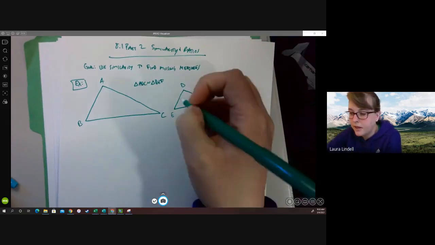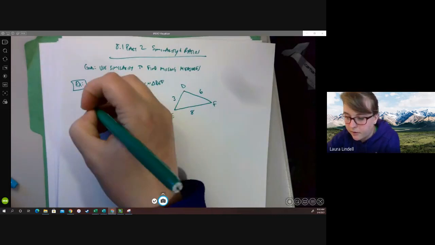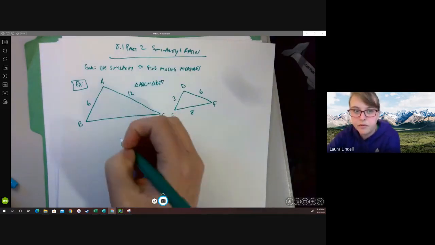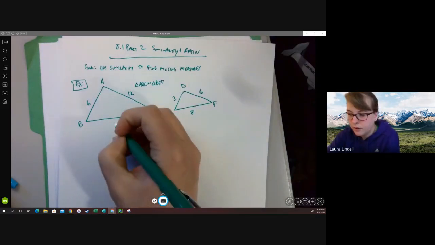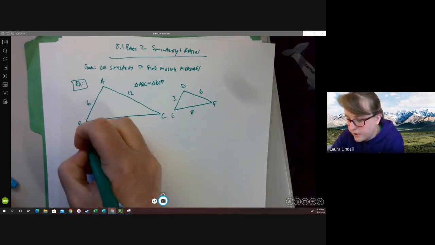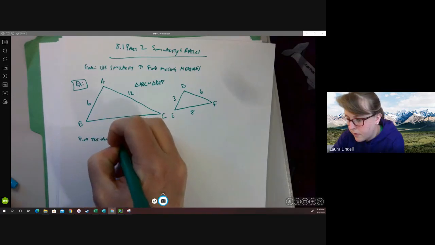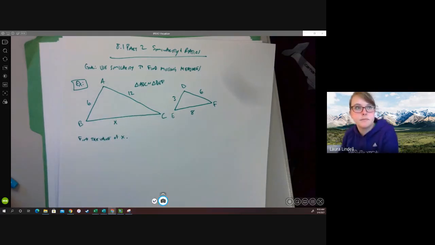We are told the side lengths over here are 3, 6, and 8. The side lengths over here are 6 and 12. And we are missing one. We're going to call that X. And we are being asked to find the value of X.